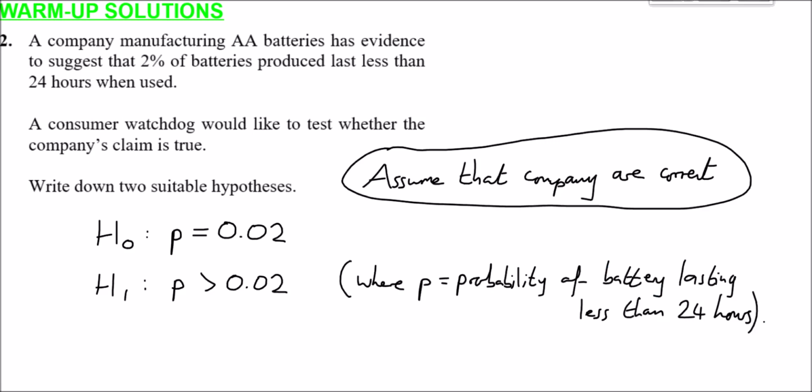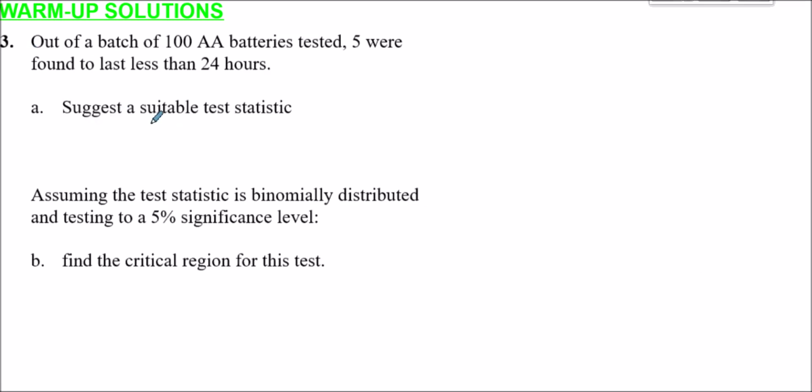Now, question 3, we're going to use what we did in question 2. And so of a batch of these 100 AA batteries, 5 were found to last less than 24 hours. Suggest a suitable test statistic. Well, the test statistic is something which we're recording when we do the experiment.